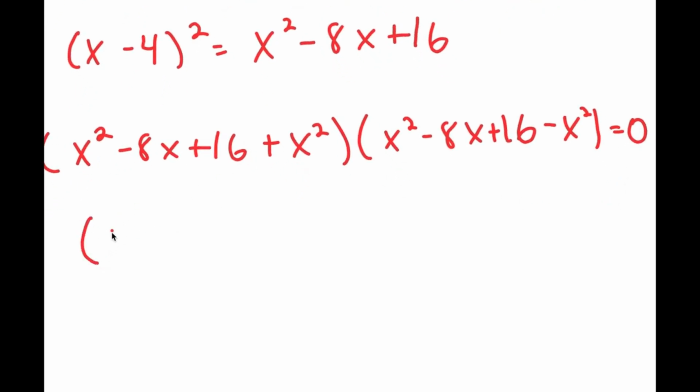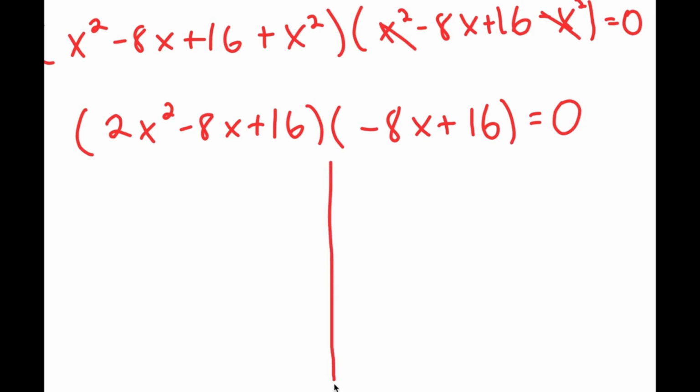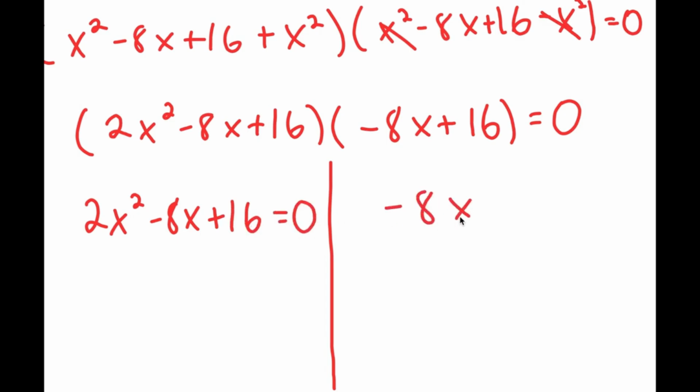Now x^2 + x^2 is 2x^2. So I get (2x^2 − 8x + 16)(−8x + 16) = 0, since the x^2 terms cancel out. And now I get two equations: 2x^2 − 8x + 16 = 0, and −8x + 16 = 0.